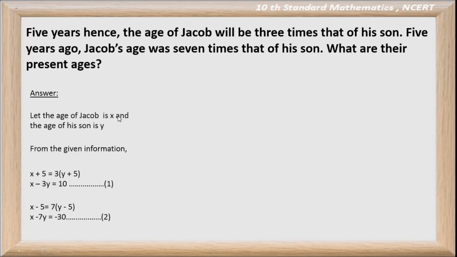Jacob's age was 7 times that of his son. So x minus 5 equals 7 times y minus 5. So we can write that x minus 7y equals minus 30. Make it equation number 2.